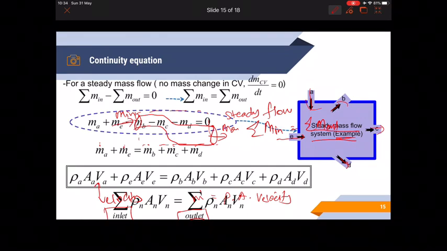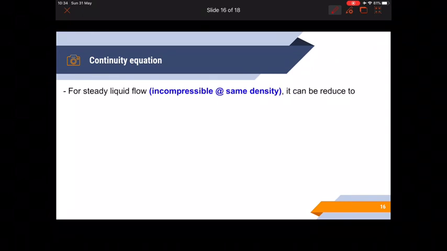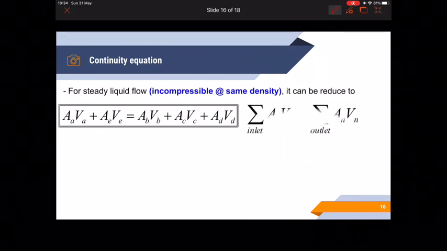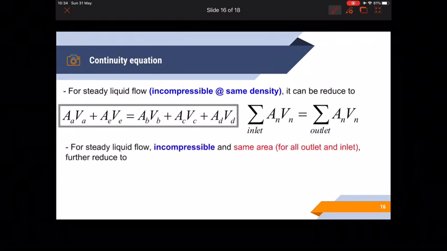I have two exercises that we will do together after this. Another case is incompressible flow, water flowing in a tube or hose, and it's not only steady but incompressible. Whenever it says incompressible, you can take out the rho, because you know m dot is equal to rho times A times velocity.